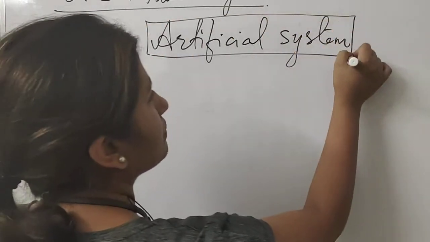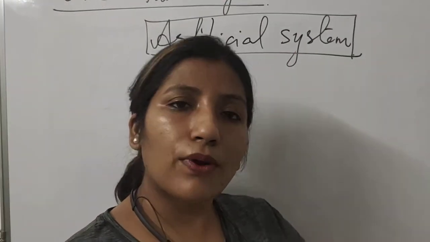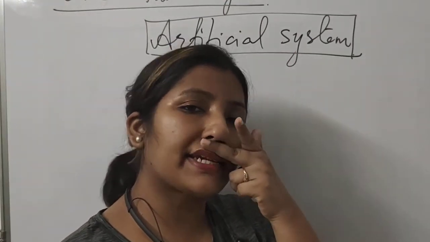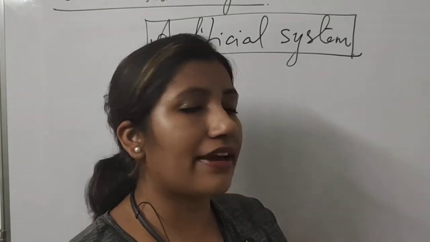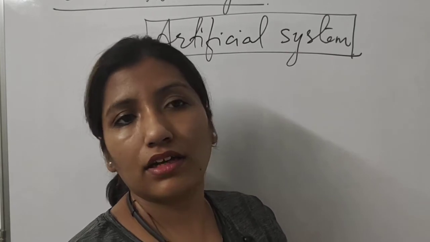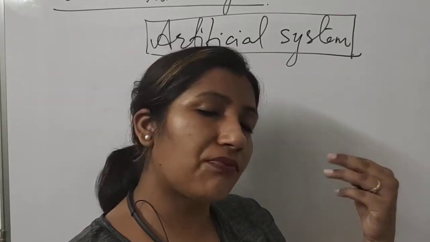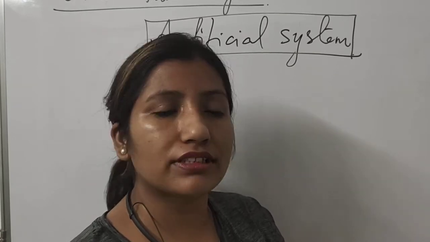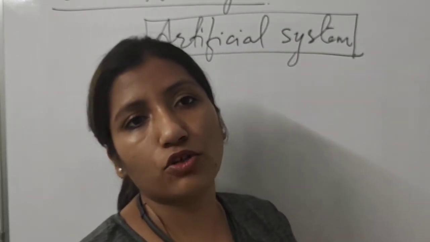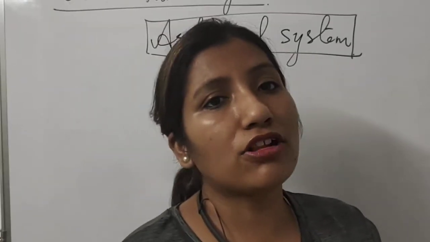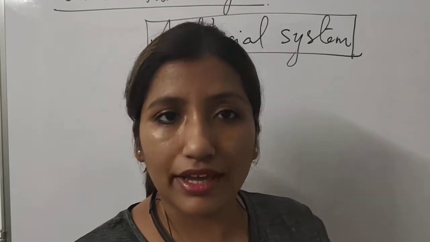Earlier the classification was done by the artificial system, where only the vegetative characters were used, vegetative characters meaning the characters which you see. Suppose you see a chair, okay, chair has 4 legs, but what the chair is made up of, what is the durability of the chair, what is the flexibility of the chair, that we have not seen. On the basis of their 4 legs we have categorized them in one group. So in that case table also falls under the same category as the chair, but the nature of table and chair is different, right?